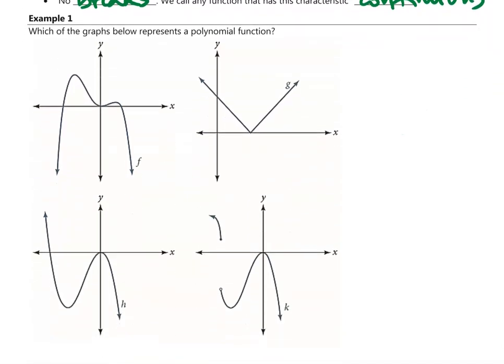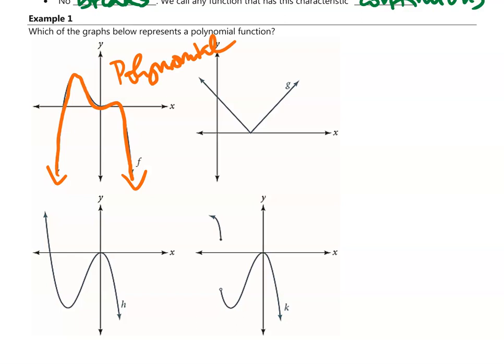Okay, so let's take a look at these graphs here. Each of the graphs below represents a polynomial function. So look at the first one. If you follow this graph, no corners, no breaks, it is continuous, it is smooth, so this is a polynomial. The next one, the V, which is an absolute value.